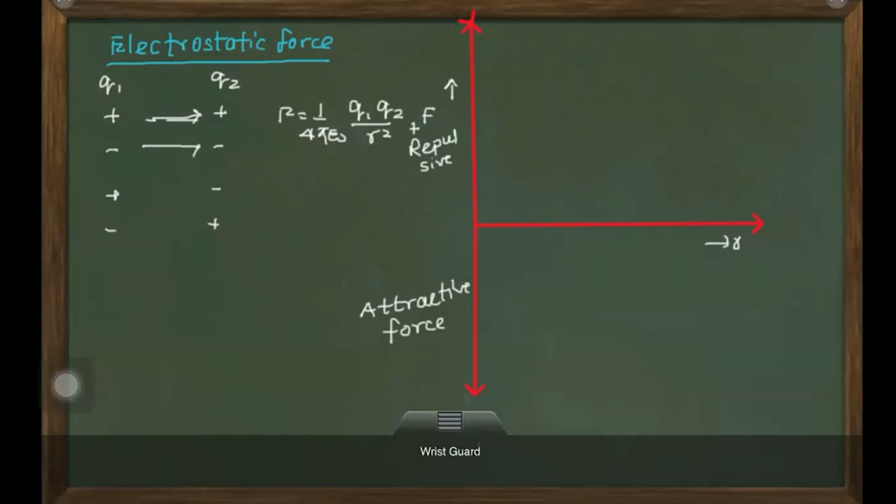So suppose there are two systems of charges, one of +3 and the other -4 coulomb or microcoulomb charge, at some distance, say 10 centimeter, between those two.